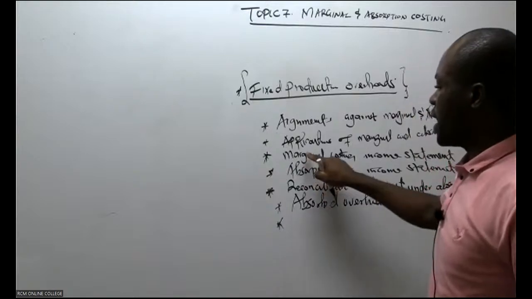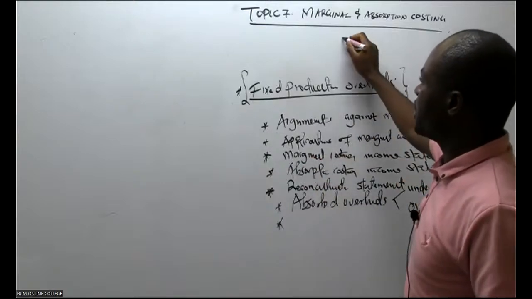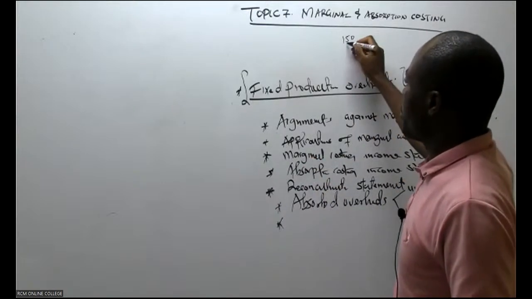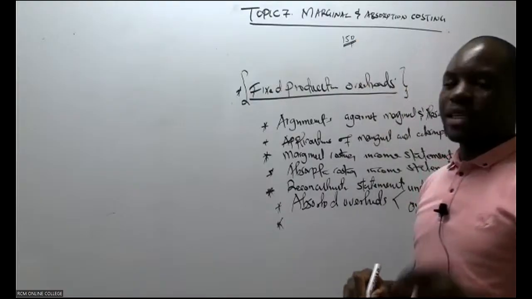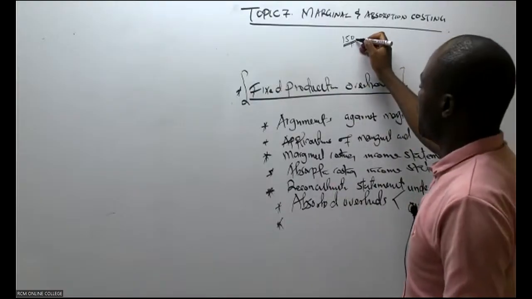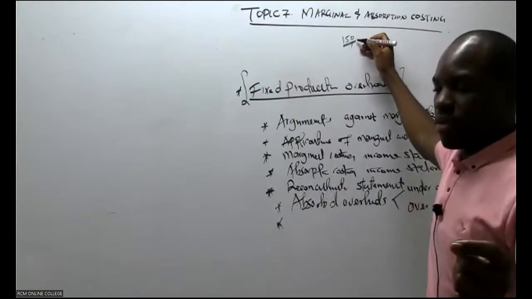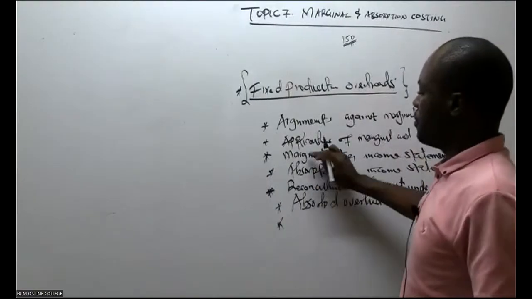For example, under this, you're going to find that the closing inventory in terms of units will be 150. But now the value of the closing inventory will be different for each method.